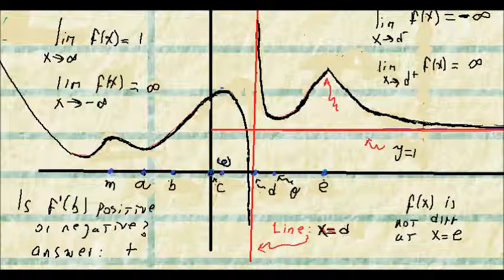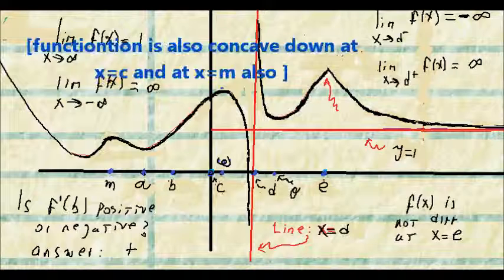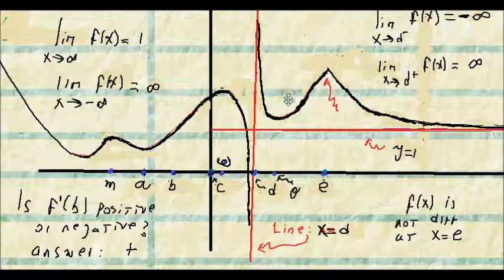Let me see if I can find a place where this function is concave down. Well, okay. It looks to me like this function is concave down right around here. Look at that, because this looks concave down.